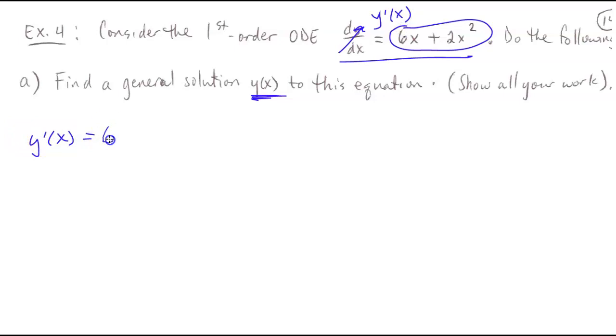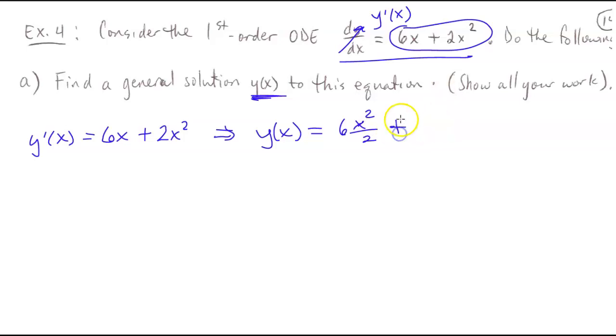So here I'll go ahead and rewrite this down. And of course, if we took the antiderivative on the left side, that would just give us the function y of x. And the antiderivative of 6x would be 6 times x squared divided by 2, using antiderivative rules.